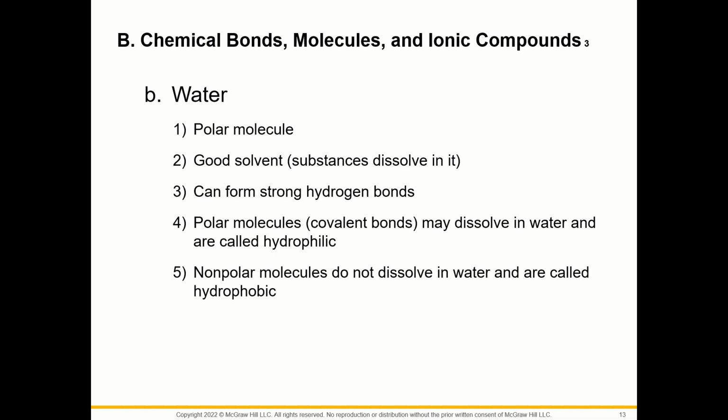Because of this polarity, it makes water a good solvent. Substances will dissolve in it. Water also can form a strong hydrogen bond. And the polar molecules that are made up of covalent bonds may dissolve in water and are called hydrophilic.